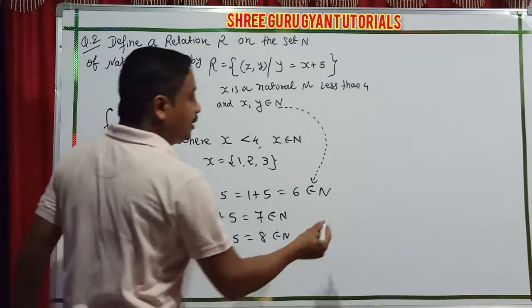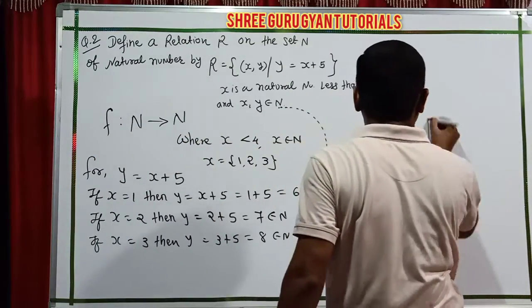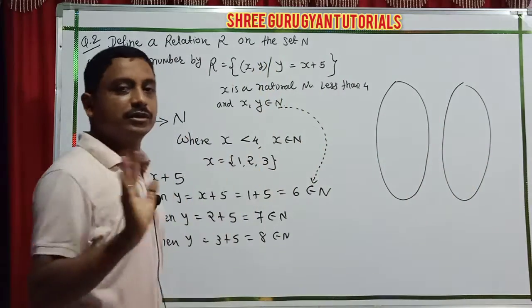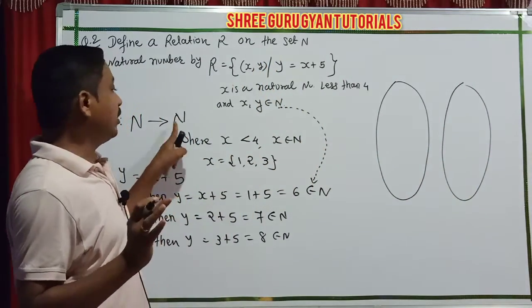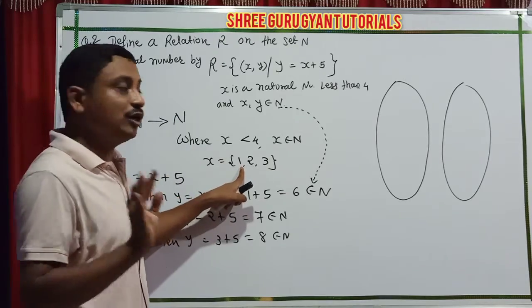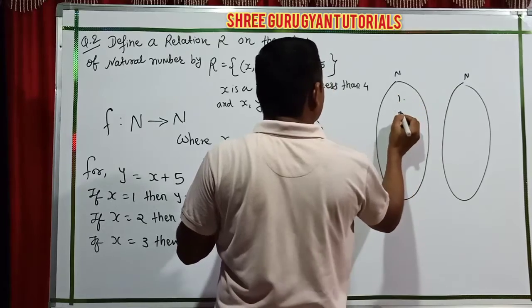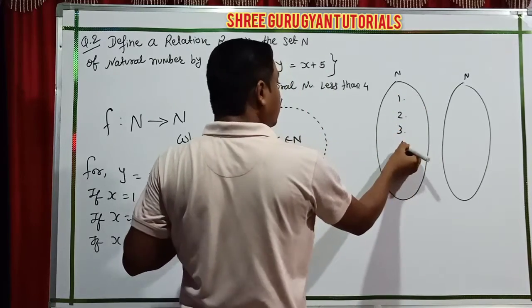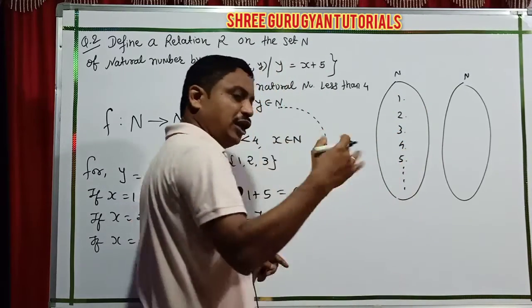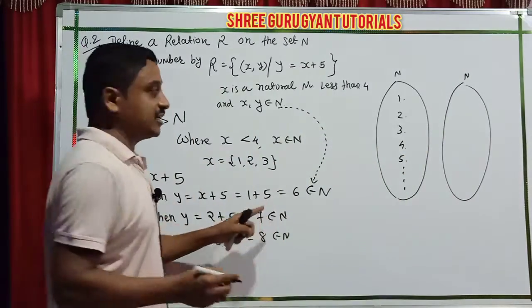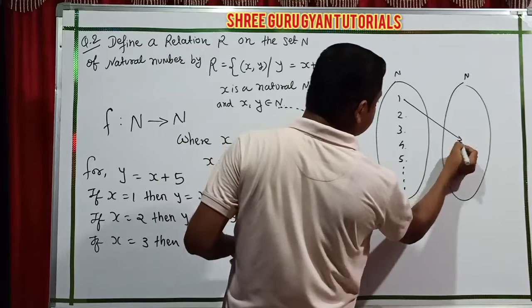Now going to our arrow diagrams. In these arrow diagrams, there are many numbers in this N to N, but I just focus only on 1, 2, 3. Here N to N is given. Here 1, 2, 3, other numbers are available, infinitely many. Here also many numbers are available. Putting 1, the answer is 6, so 1 to 6.